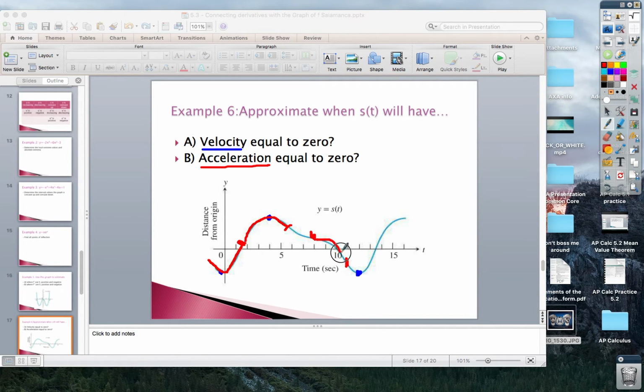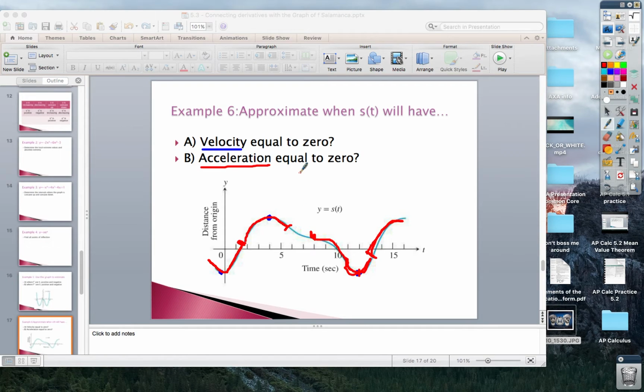If you see from here to here, it's going downwards. And then from 8 to about, actually not 11, 13, it changes again. It was going concave up here, and now at 13 it goes concave down.